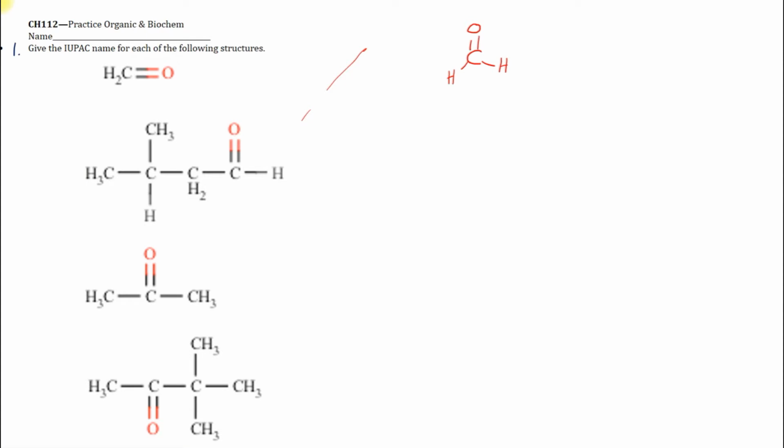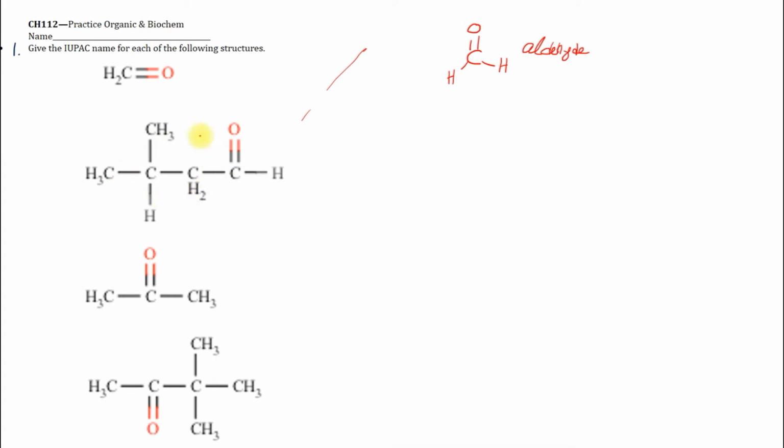Okay, so based on our little chart, we just figured out that something where you have a carbonyl and a hydrogen attached is going to be an aldehyde. Okay, so as for the next one, here we have some hydrocarbon, carbon, hydrogen, and then another carbonyl group, and again with the H on it.